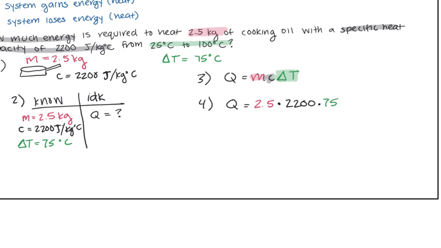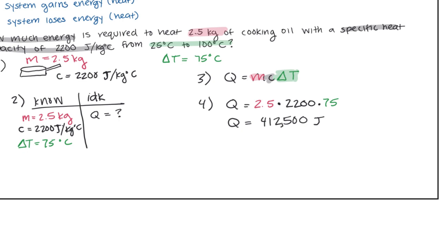Now we've got this all plugged in, and I'll give you a second to plug this into your calculator. Hopefully you got an answer similar to mine, which was 412,500 joules of heat.